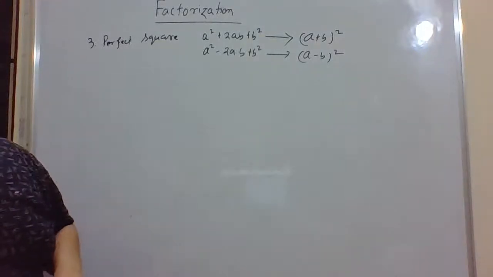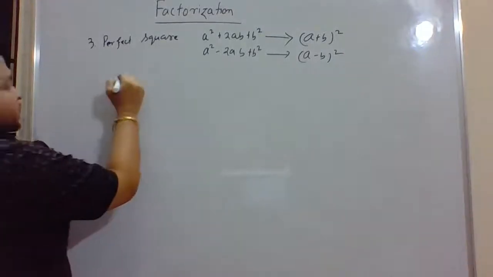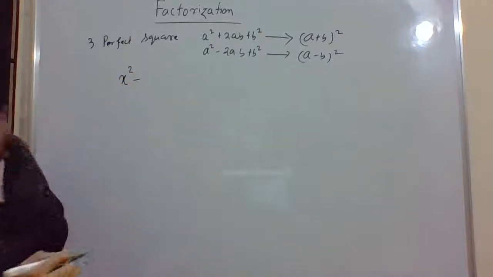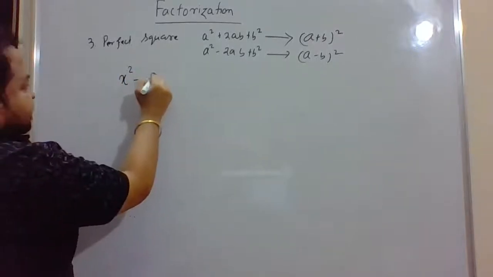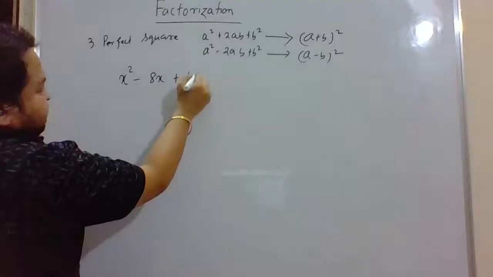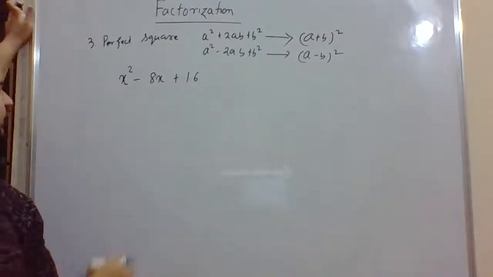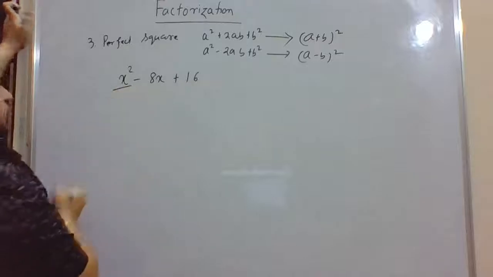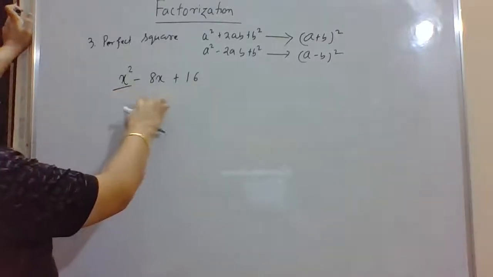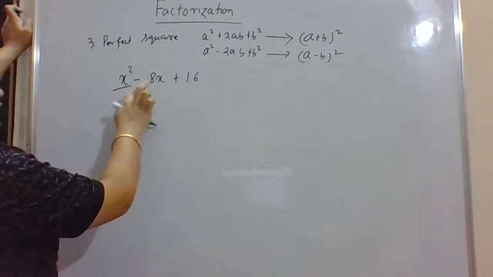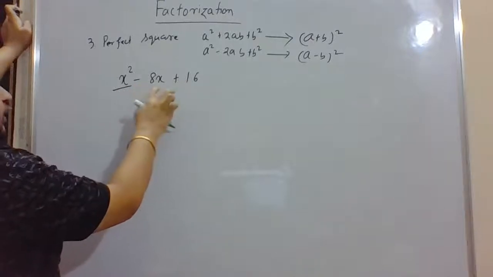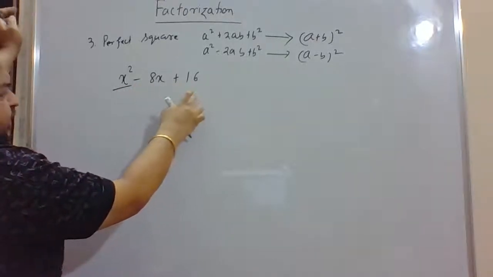The next one is x squared minus 8x plus 16. If you notice here, it's also pretty easy. Is there any common term? Yeah, between these two, I can take x, and between these two, I can take 8.